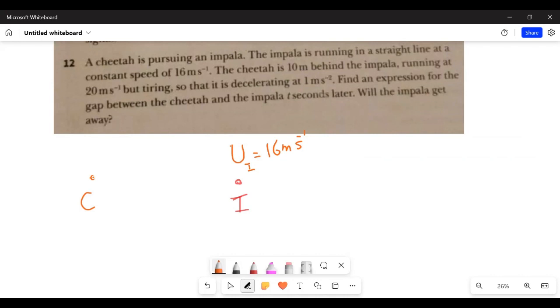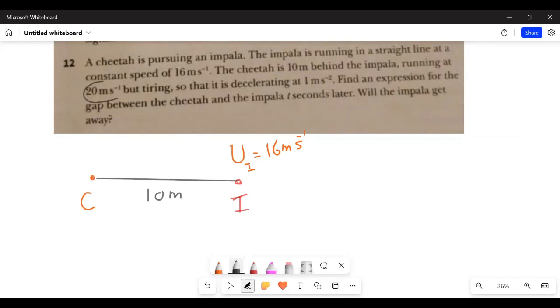The cheetah is 10 meters behind the impala. So initially, when this recording started, the distance here is 10 meters. The cheetah is running at 20 meters per second, but tiring.